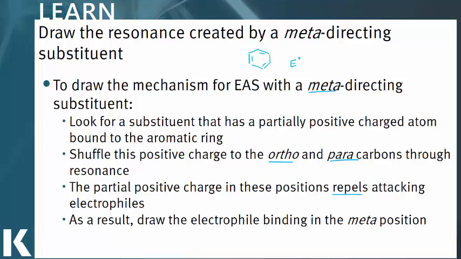It makes it less likely to attack those positions. As a result, the electrophile is going to be binding to that meta position, which doesn't have that extra partial positive charge. So let's take a look at the resonance forms created by a meta-directing substituent.